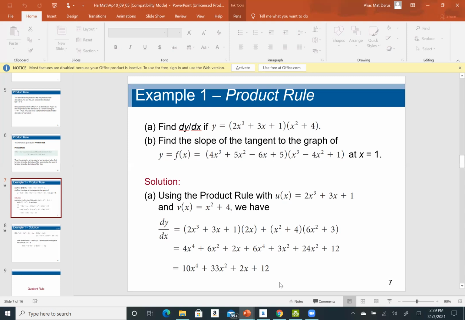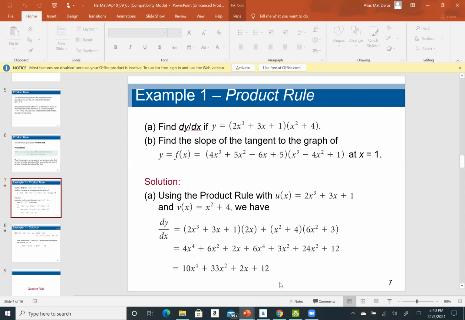Okay, you got it? Now, what is u prime? 6x to the power of 2 plus 3, so that's u prime. Now you let v be equal to x squared plus 4.